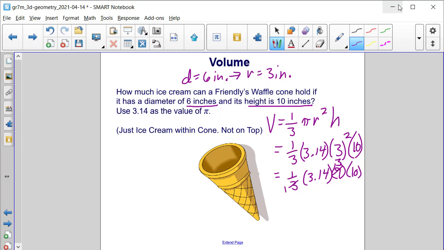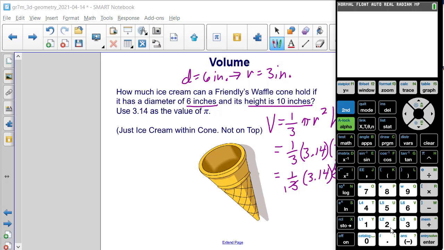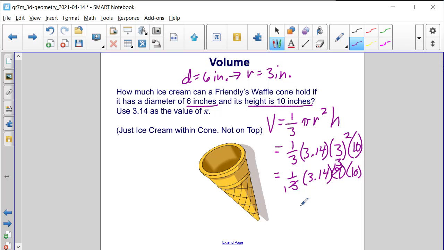So now let's multiply 3.14 times 3 times 10. And when we do that, we get 94.2 cubic inches. So that's how much ice cream can fit inside of the Friendly's waffle cone.